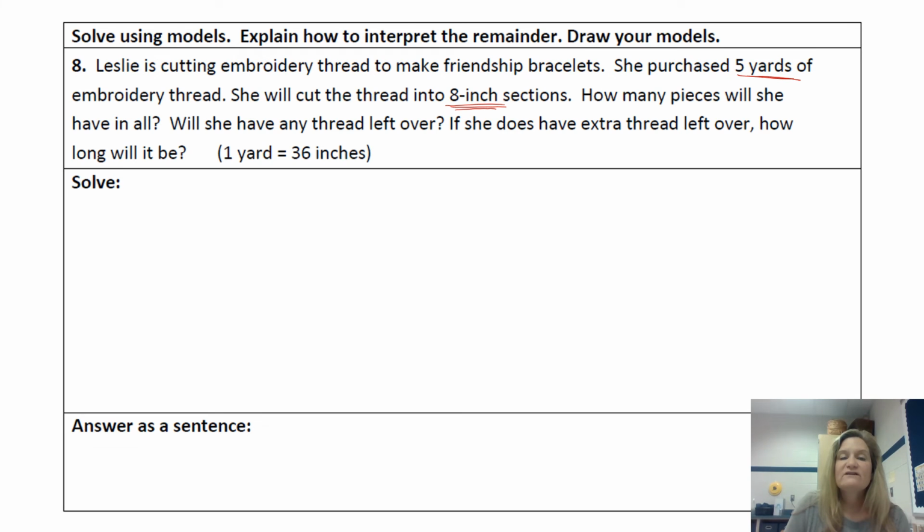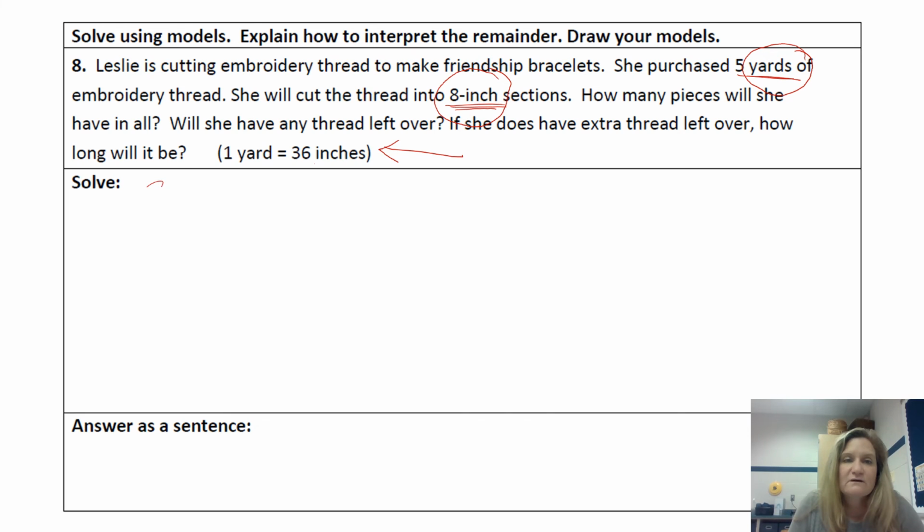Will she have any thread left over? If she does have extra thread left over, how long will it be? Okay, all right, so this is in inches and this is in yards. And I notice that they've given me a conversion here. So 1 yard equals 36 inches.